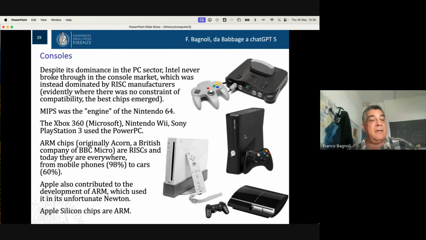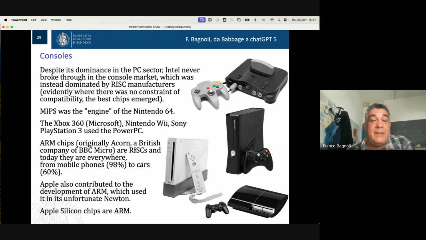There was also the Xbox, essentially a PC camouflaged as a console, but the real consoles had to, first of all, start quickly because nobody wanted to wait for the operating system to be loaded, and also possibly be without a fan. So they started to use heavily the RISC chips based on ARM, which was a line developed over many years.